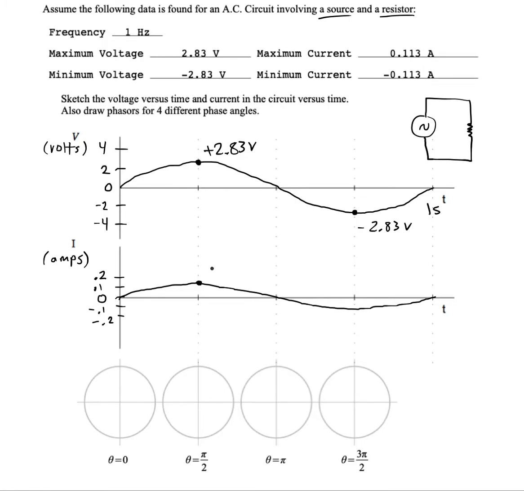Our maximum current is 0.113 amps, and we have a negative 0.113 amps as well. And that takes 1 second to complete. This will be a half a second.